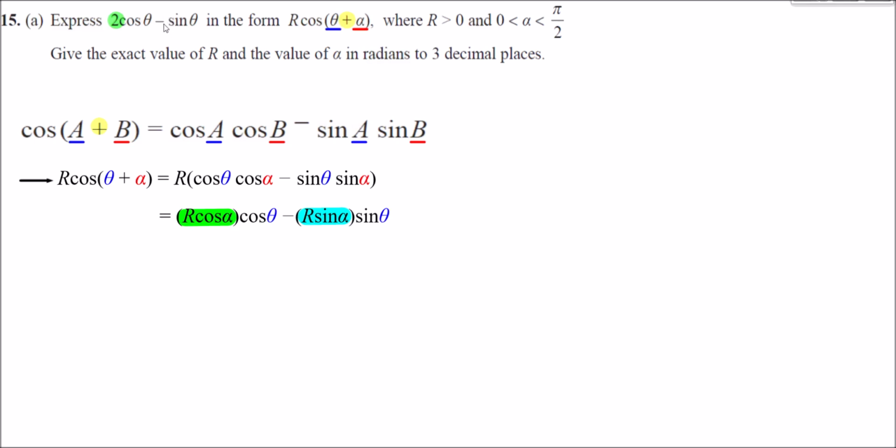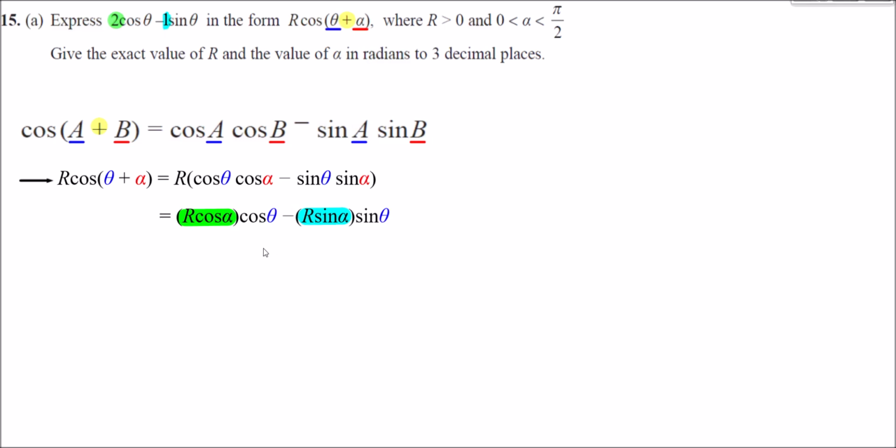I can imagine an invisible minus 1 here, essentially. So equating sin theta components, r sin alpha must equal 1. Don't worry about the minus, that's already accounted for both here and there.